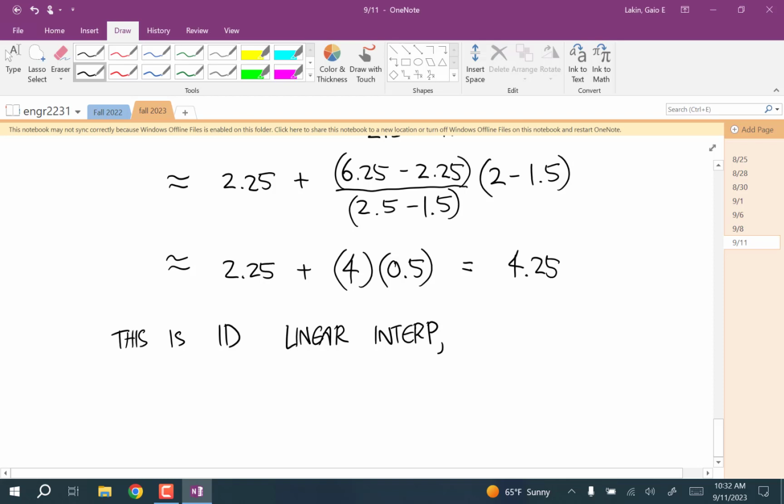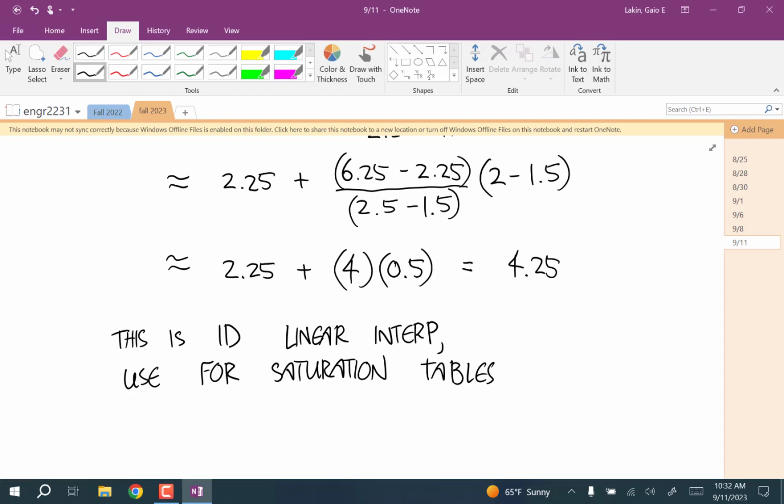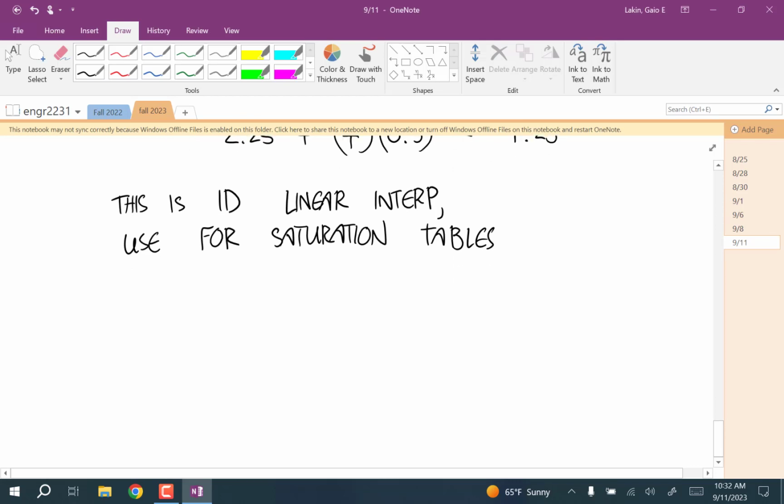And this is the approach that you'll use for saturation tables. Could you use it for 2D or for the other non-saturation tables if pressure stayed the same or temperature stayed the same?